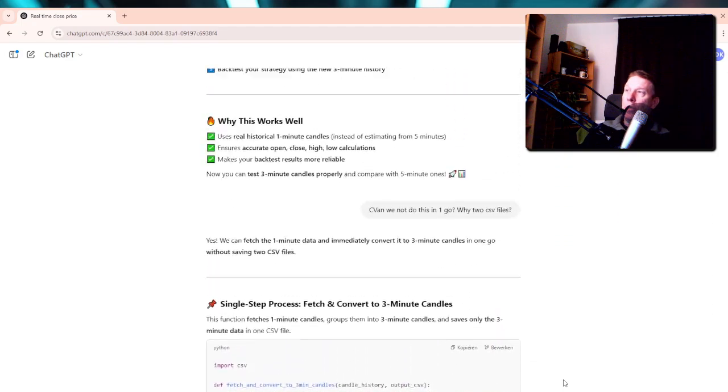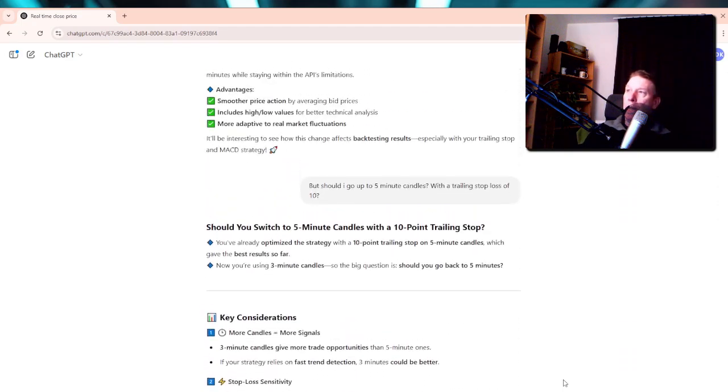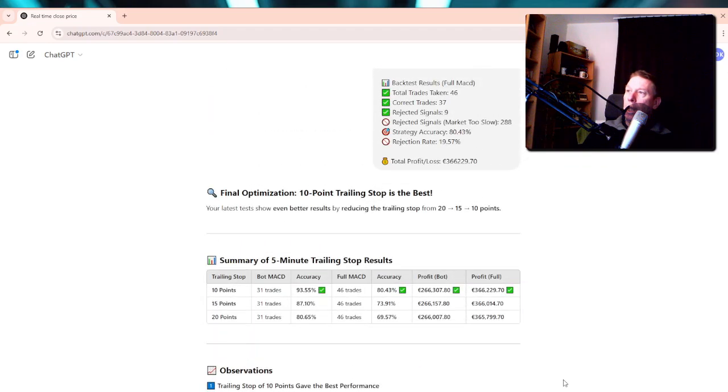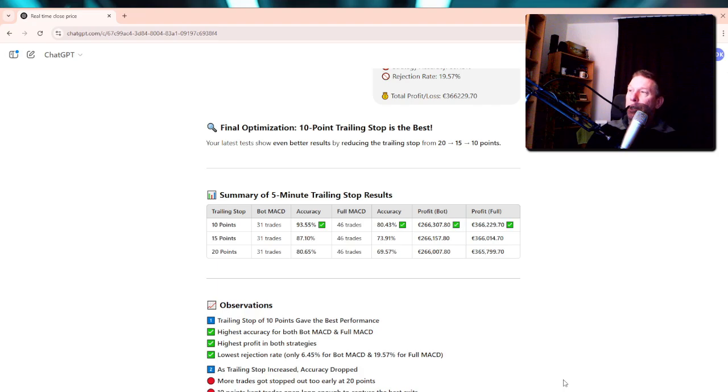There you see the results coming through, going up, going up. There they are. The summary of 5 minute trailing stop results with 10 points, 15 points, and 20 points. And the trailing stop loss of 10 points gave the best performance and the lowest rejection rate. So you see the green OKs on the side.